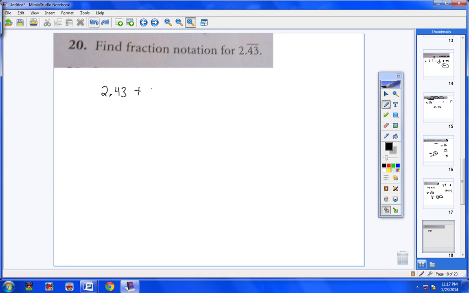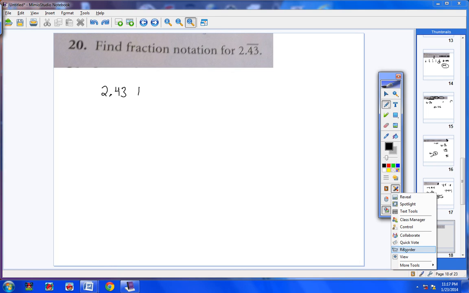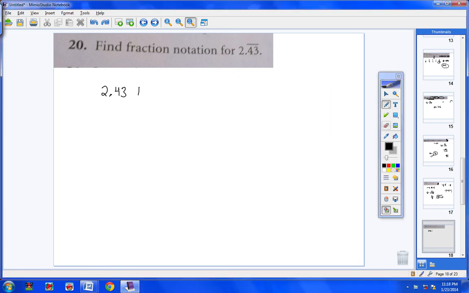This is a really good thinking problem. I have 2.43 repeating, and they want to know what fraction equivalent would give us this. Well, forget the 2. We're going to add that back to our final answer. So we know we're going to have 2 and then a fraction.